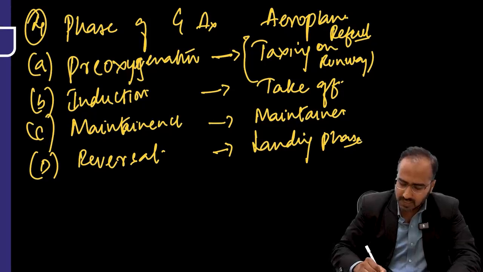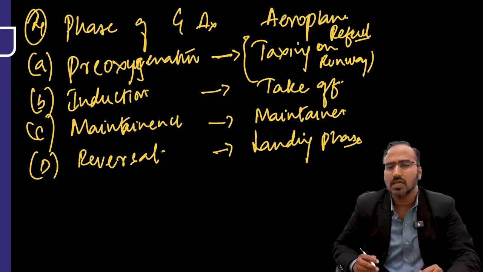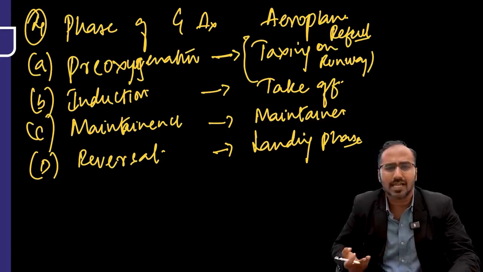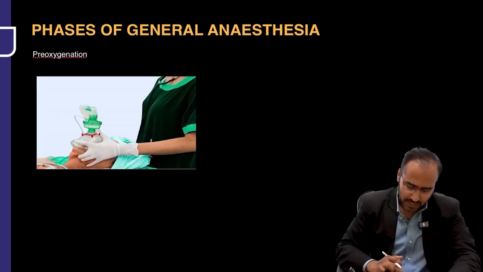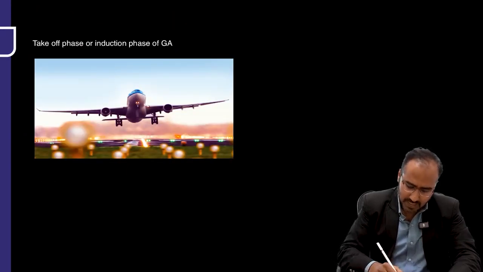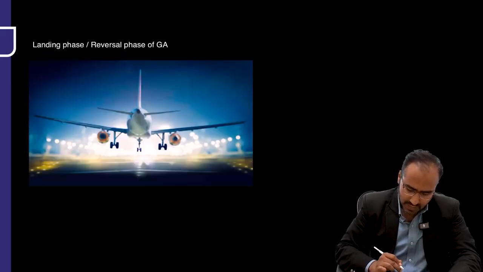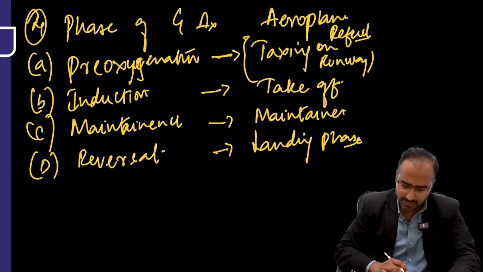These four phases can be compared with general anesthesia. We anesthetists say giving general anesthesia is like flying an aeroplane where we have four phases. First, pre-oxygenation. Second is the takeoff phase. Third is the maintenance phase. Last is the landing phase.